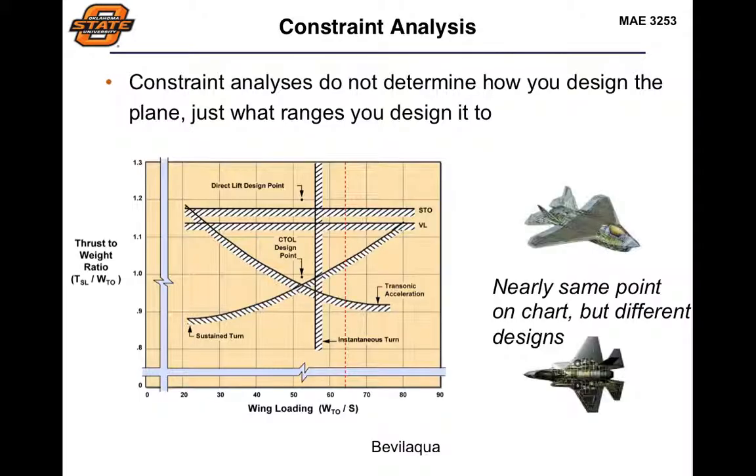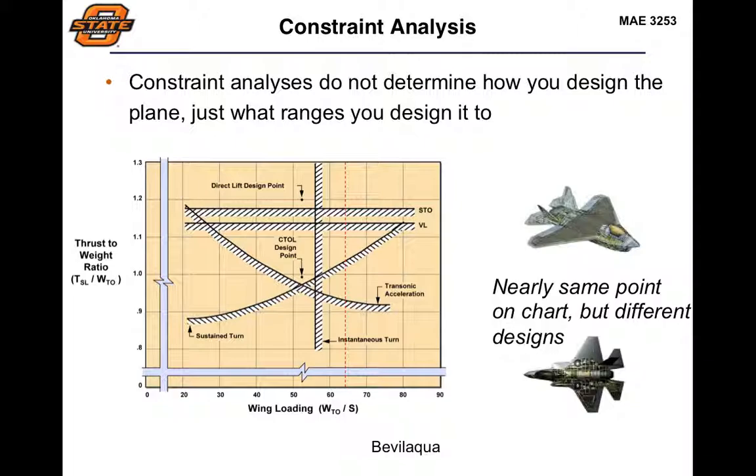Now, another process you can go through is what's called a constraint analysis. And what a constraint analysis does is it starts to bring some physics in to look at some real performance parameters. And so we've already looked at this plot from the Joint Strike Fighter. This was developed by the Lockheed Martin team, Bevilacqua, from the propulsion standpoint, and really kind of focused around that propulsion system and trying to determine what way we can solve this problem.